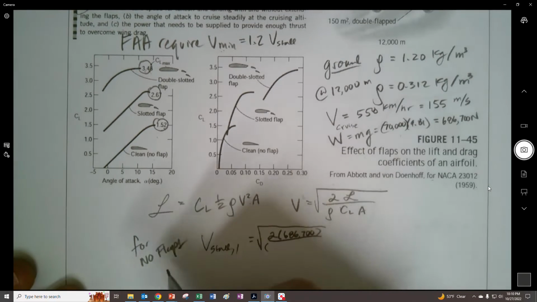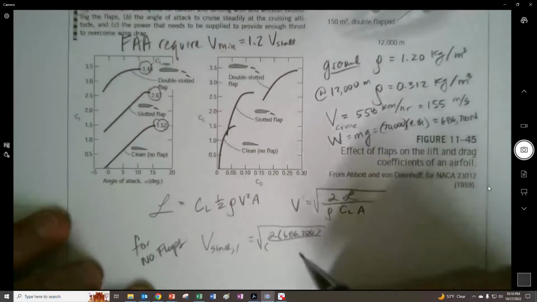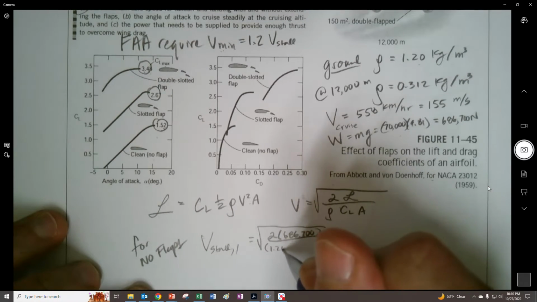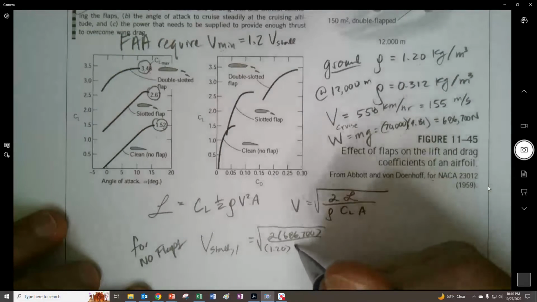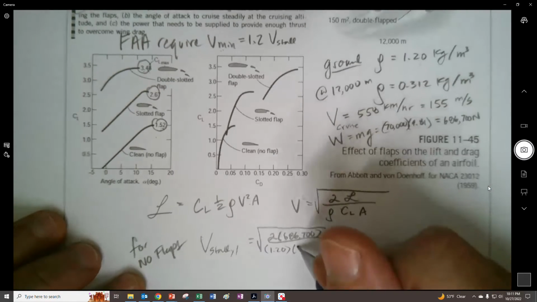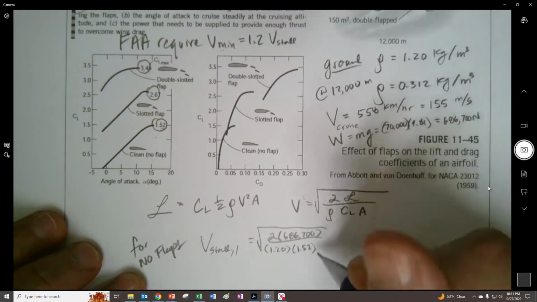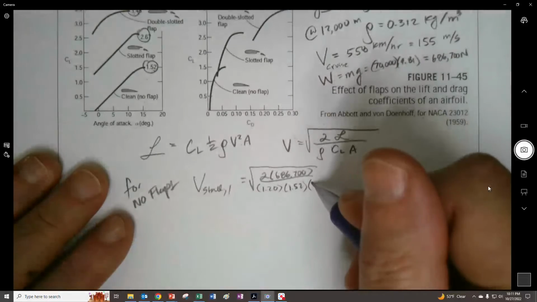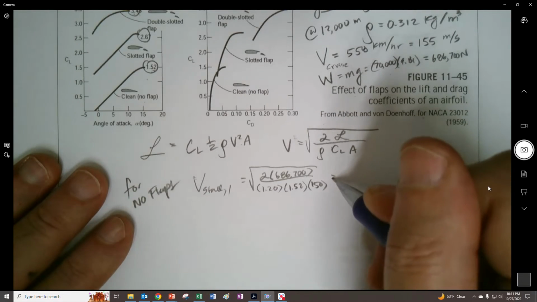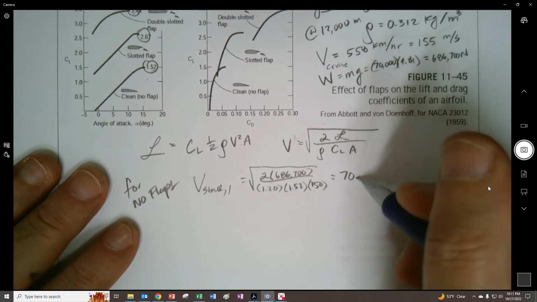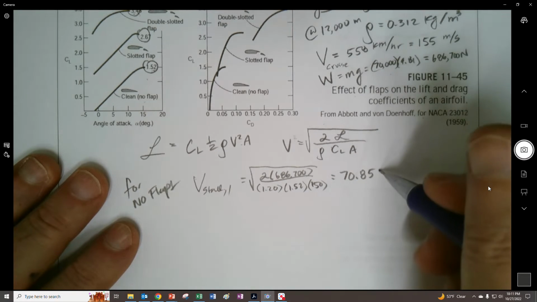Divide by, this is on the ground when we're taking off, so we're going to use the ground 1.2. And this one's no flap, so that's a lift coefficient of 1.52. And then the area we were told up above was 150. So with that, we get a speed of 70.85 meters per second.